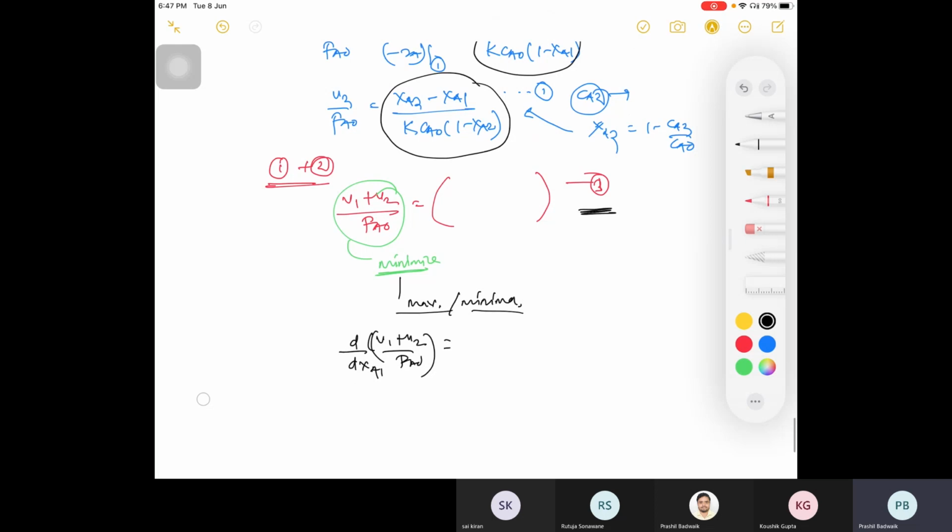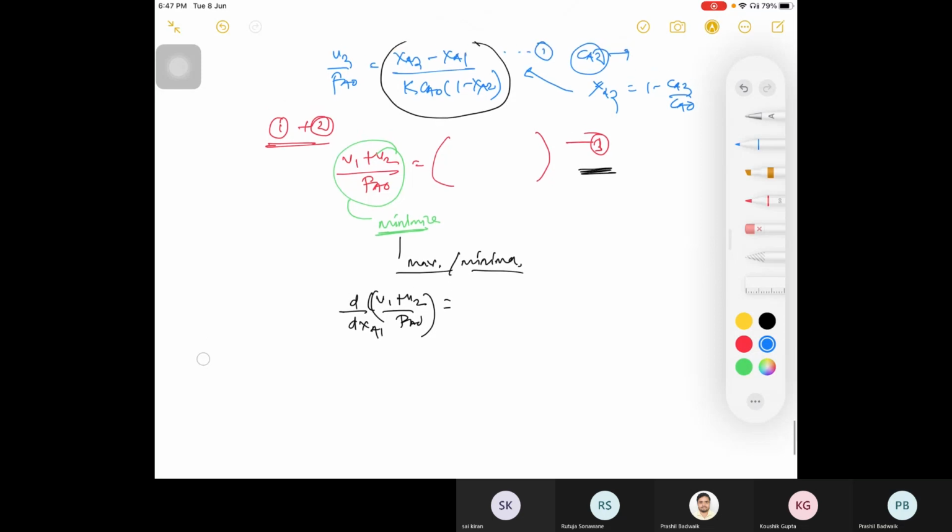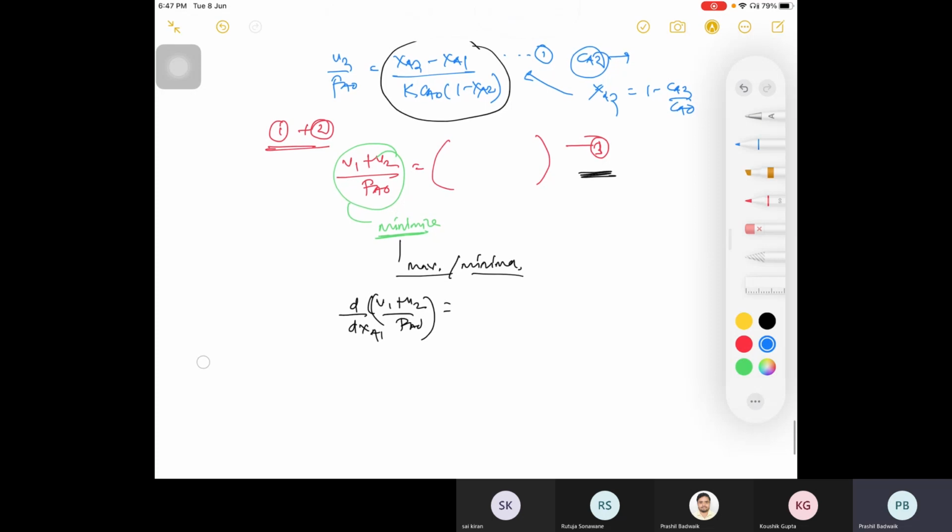Differentiating with respect to Xa1, Xa2 will be a constant value. What is that? You need to apply which rule? Derivative of numerator by denominator.